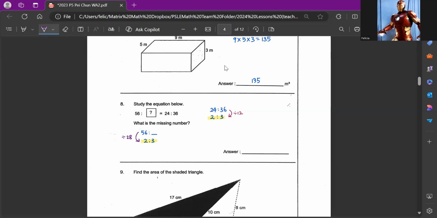Which means that now we have to perform something divided by 28 to get 3. So if you do the opposite, the reverse will be 3 times 28 to get the blank, right? Which works out to be 84.